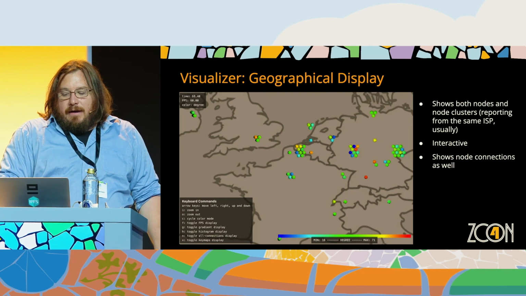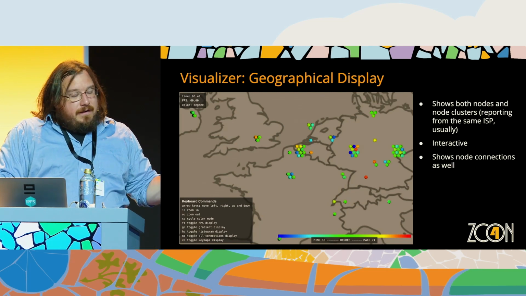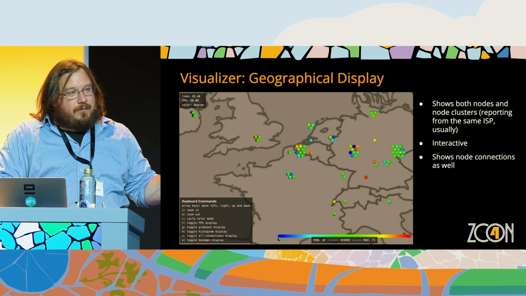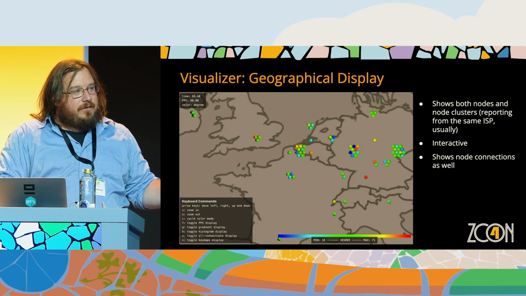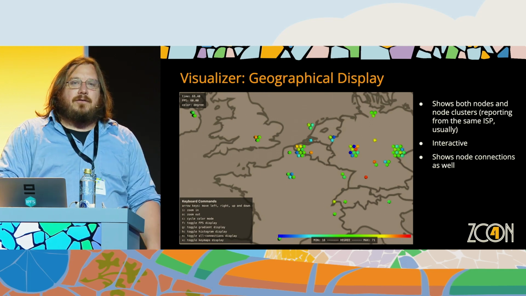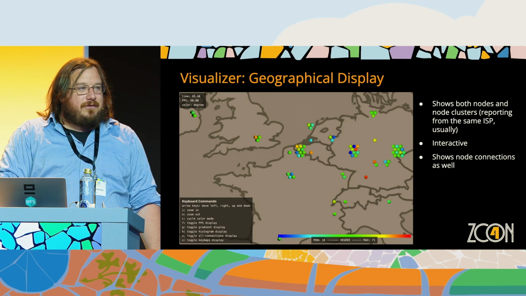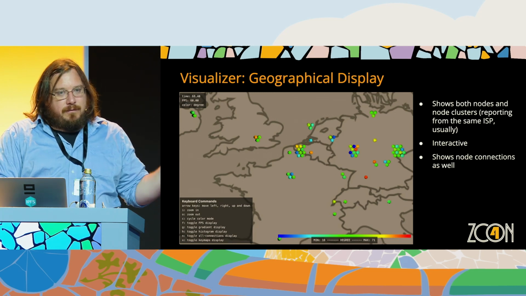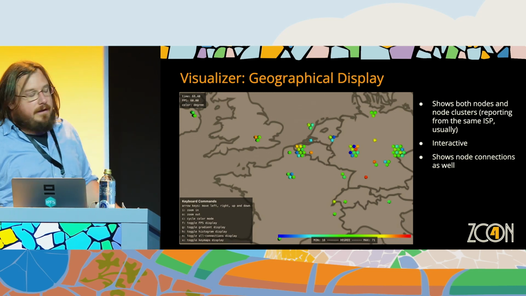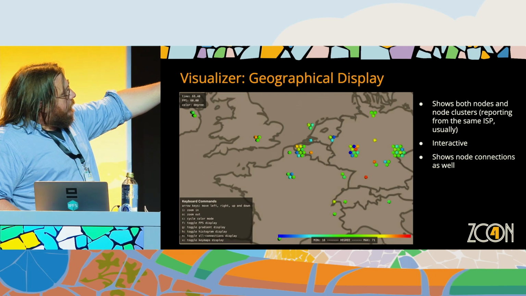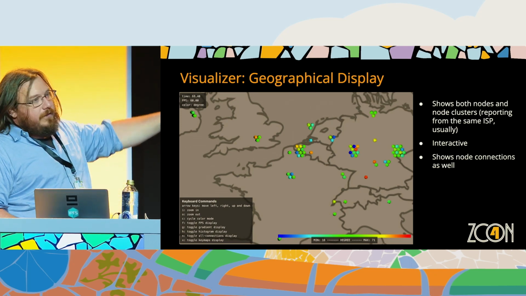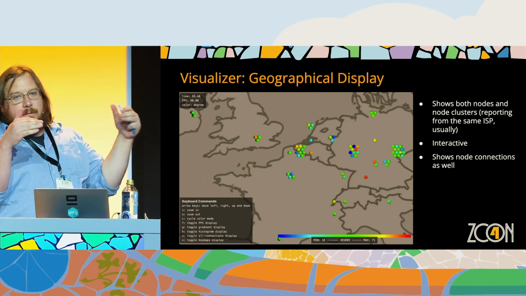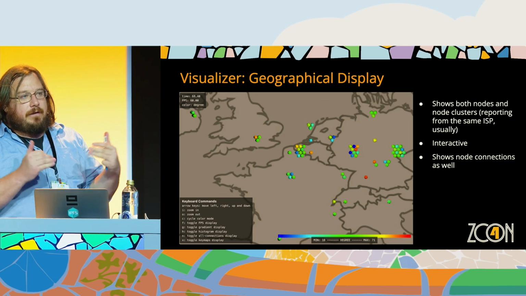We also have a geographical display. Don't worry, we're not doxing anybody. This is very coarse geolocation based on free versions of the IP location databases and internet provider IP addresses and not specific node IP addresses. You can see these clusters here, the ones that are bunched together, are all kind of reporting from the same region, not even really the same city.